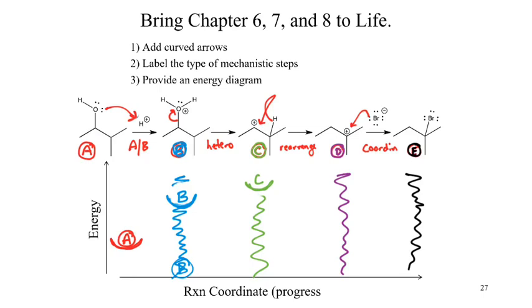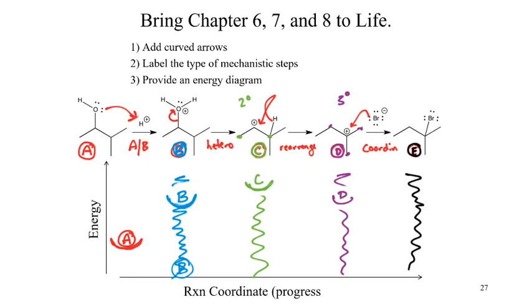If we evaluate our stabilities between C and D, C is a secondary carbocation, and D is a tertiary carbocation. The tertiary has more electrons around it, which can better stabilize that carbocation, which means D should be lower in energy than C.